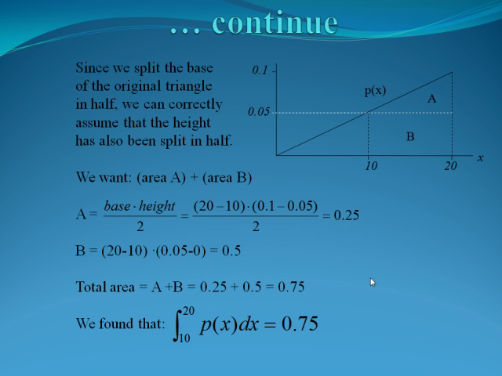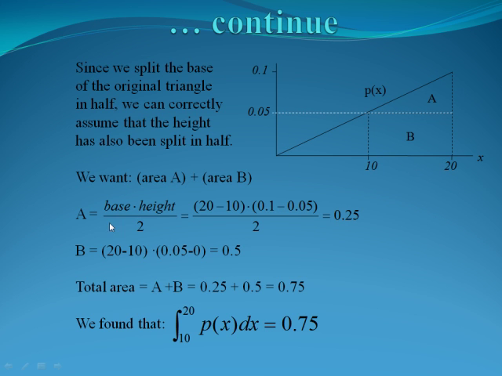Since we split the base of the original triangle in half, we can assume correctly that that will also bisect the height of this triangle by laws of triangles. So that means the height, where we hit at 10, will be 0.05, which is half of the original height of 0.1. So we want the area of A plus the area of B to give us the total area under the curve from 10 to 20.